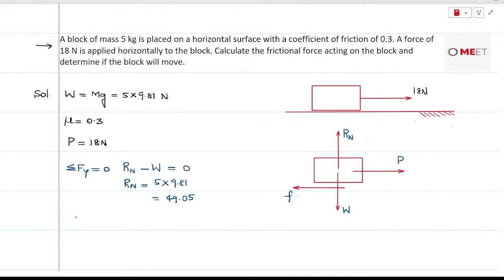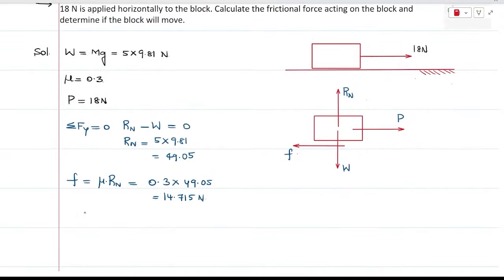Next is the friction force, that is friction force is given by mu times Rn, which is 0.3 into 49.05. So this is equal to 14.715 newtons.